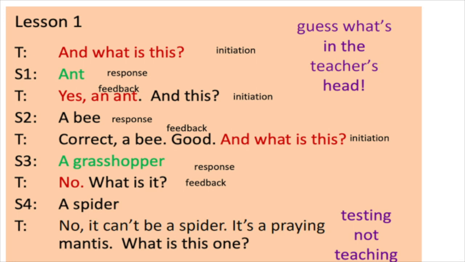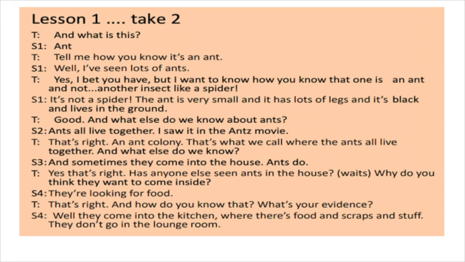And then she goes on to say, yes, I bet you have, but I want to know how you know that one is an ant and not another insect like a spider. So again, the teacher is trying to draw out that information from that student, and it goes on for the other animals as well. So continuing talking about them and trying to get them to find evidence and more information to add to their knowledge base.